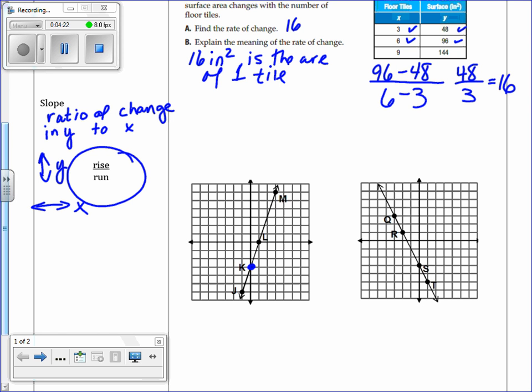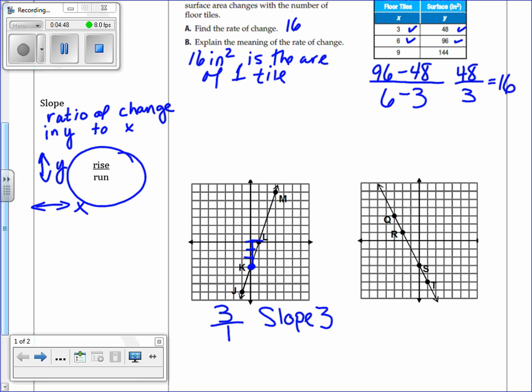I'm going to rise up from K, 1, 2, 3. You see how I did that? That's 1, 2, 3. That's my top number. That's my rise. And then my run going along the x is going to be 1. So my slope, I'll call it 3.